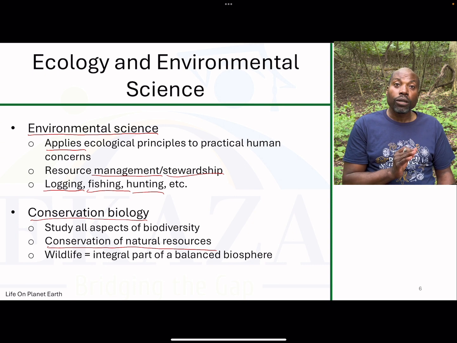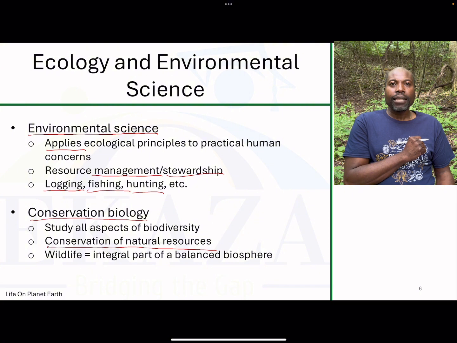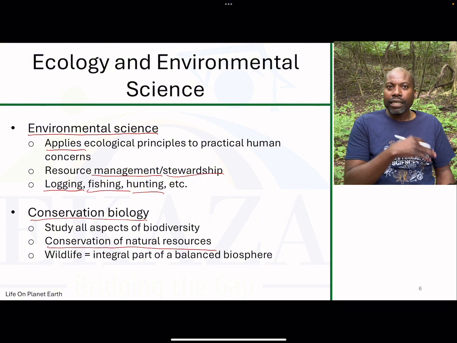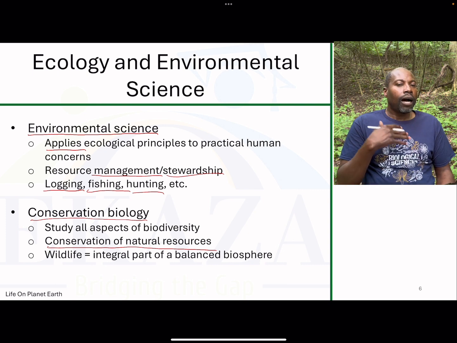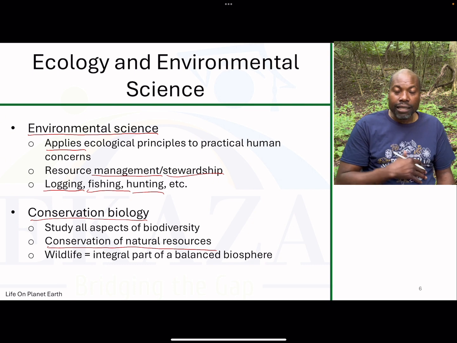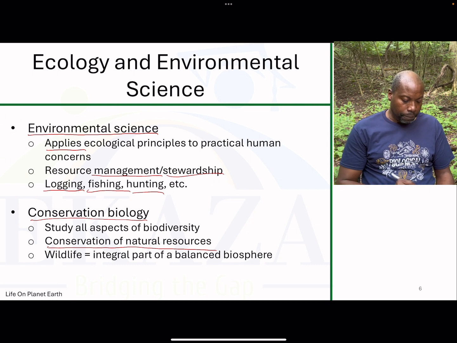This is really cool because now we can build houses in some places, but we can also leave some areas for deer, rabbits, squirrels to thrive, right? Monkeys, gorillas, and so on and so forth, right?